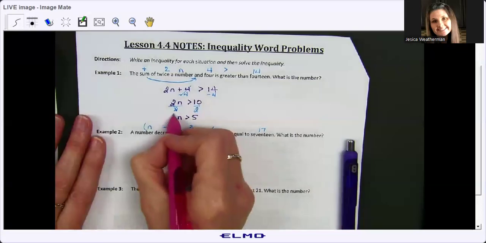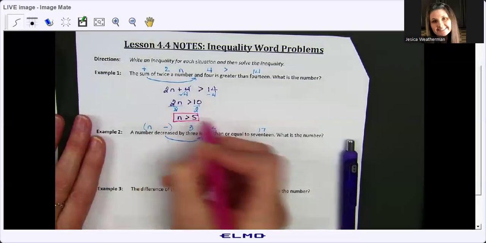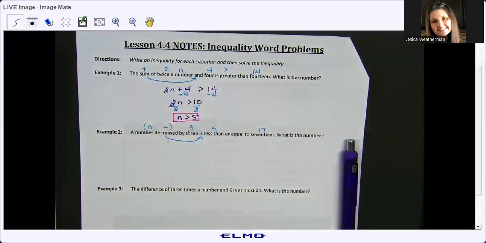Okay. And now I am going to explain this a little bit. What that is saying is that the number, when you plug it in here, can be any number more than 5. It can't be 5, because if I plug 5 in here, it would be equal to 14, and this says that it can't be equal to, it has to be more than.